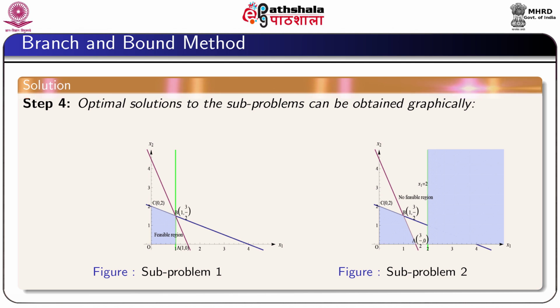For the subproblem 1, we have the feasible region, and for the subproblem 2, we are not getting any feasible region.